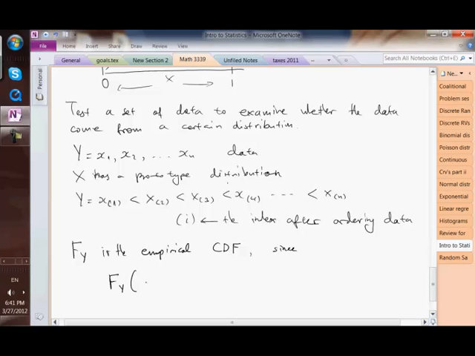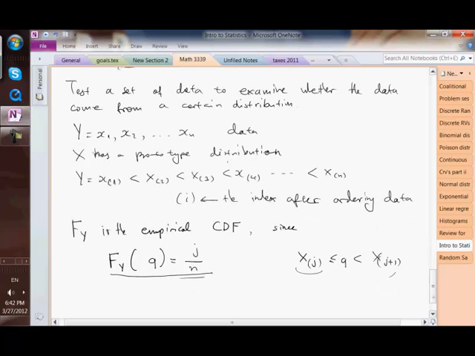F sub y for any number q: if q is between the jth in order and the j plus 1 in order elements, then the empirical CDF takes this value, j over n.